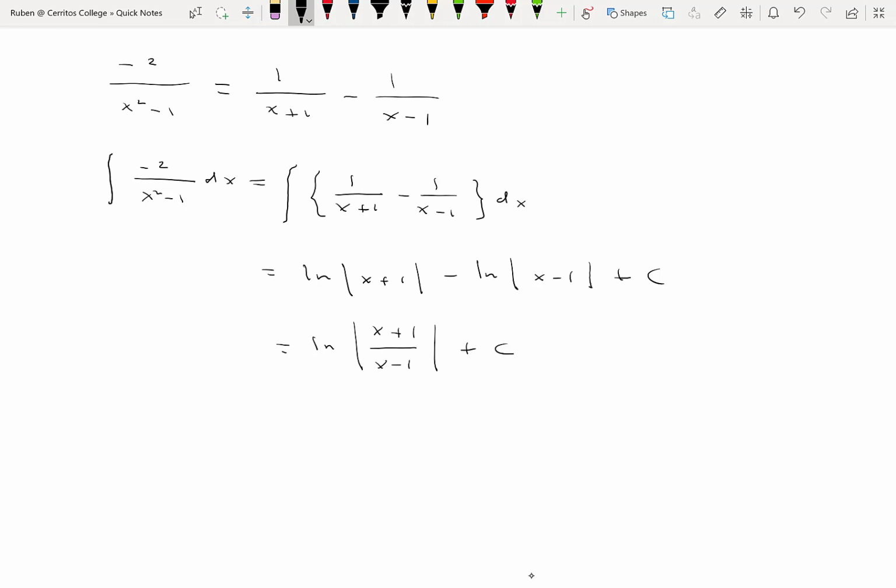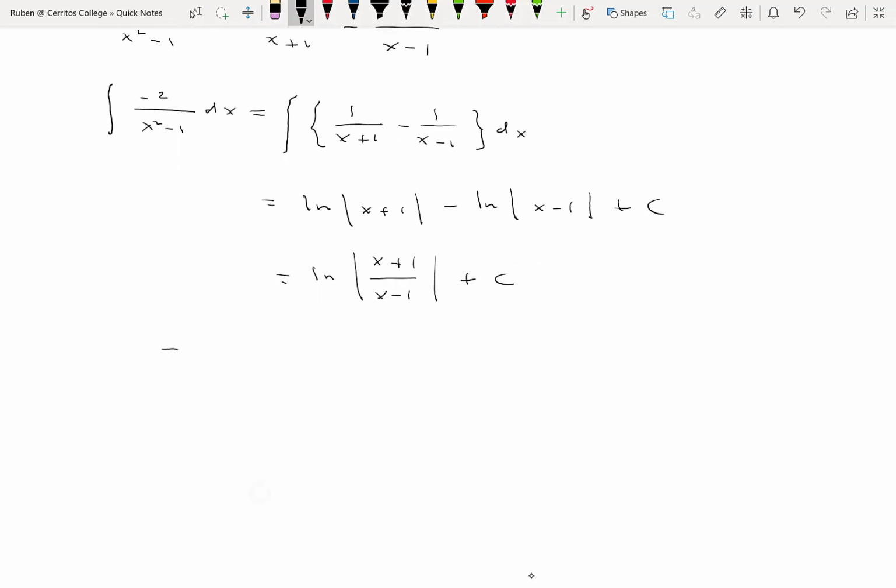So our task is to take that original -2 over x squared minus 1 and break it down into simpler fractional expressions.